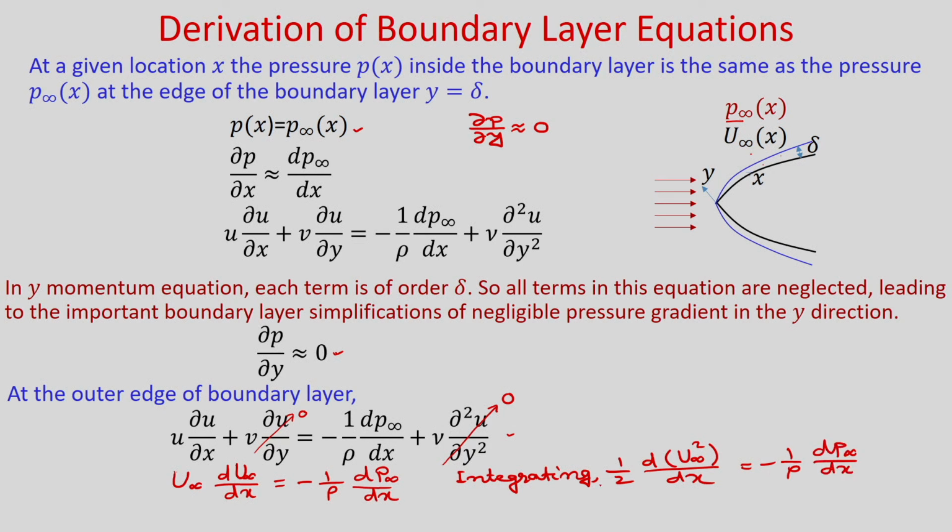If you integrate it, you will get P∞ plus half ρ U∞² is equal to constant. Obviously you can see this is the well known Bernoulli's equation. So in the inviscid region we have this equation which is known as Bernoulli's equation.